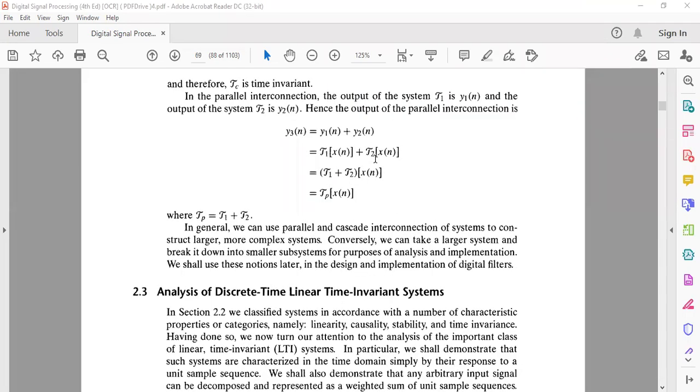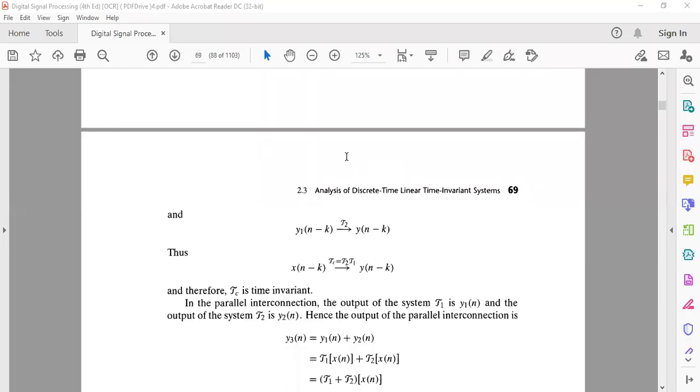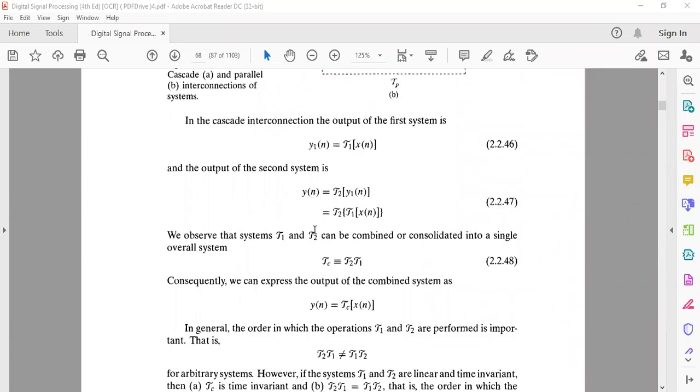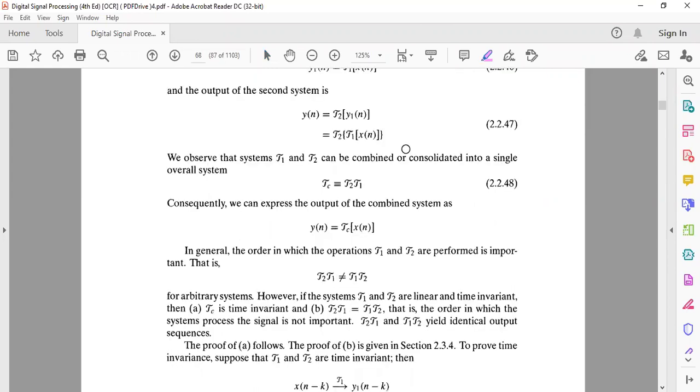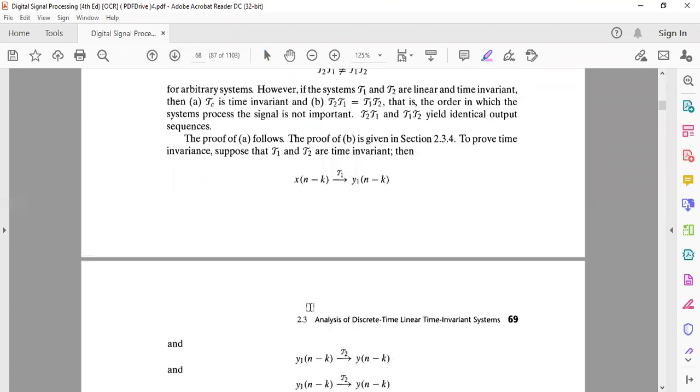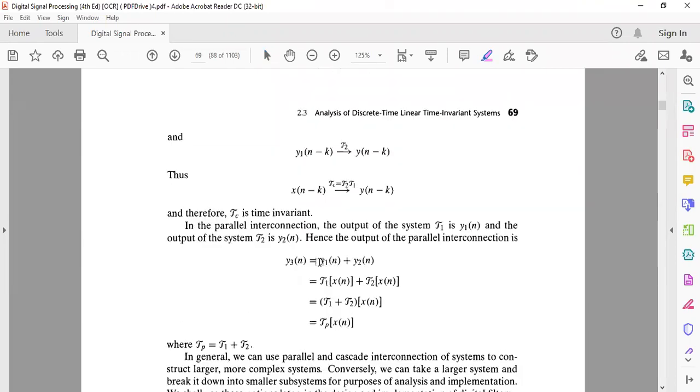Okay, so systems can be interconnected. When the interconnection is in series, the resulting process is given as a multiplication, whereas when they are connected in parallel, the resulting process is a sum.